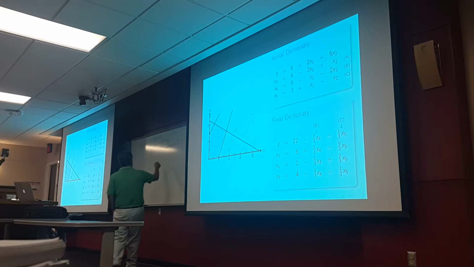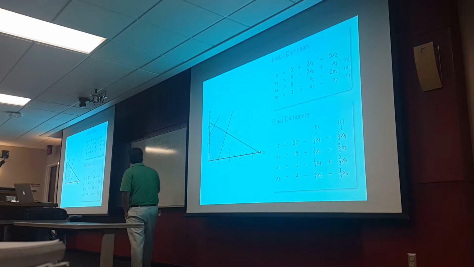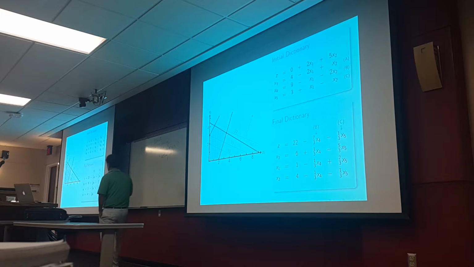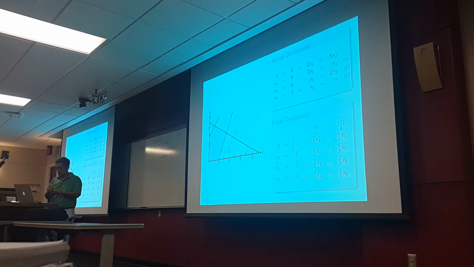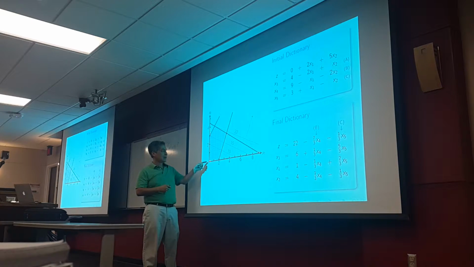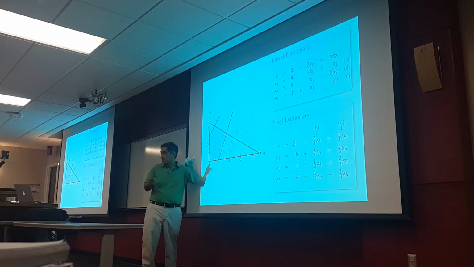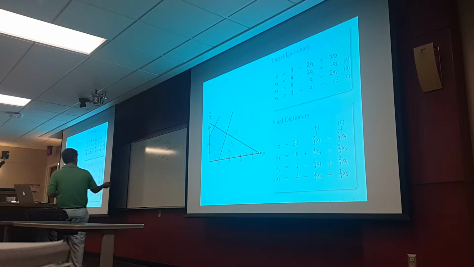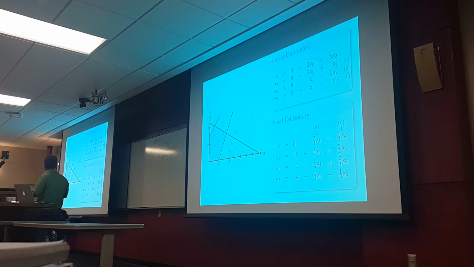And finally, how do you get started? In the example we've been playing with, it was very easy to get started, that is, to find an initial basic feasible solution, because I knew the origin was a feasible solution. So I can just start here and go from there. But in general, it's not immediate to find the starting point, so we need to address that.